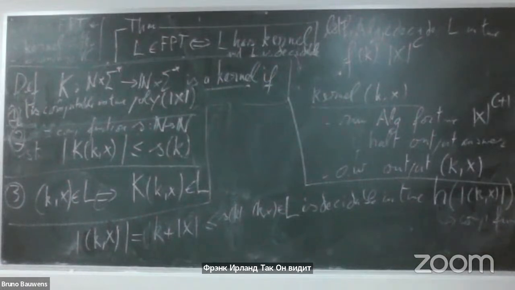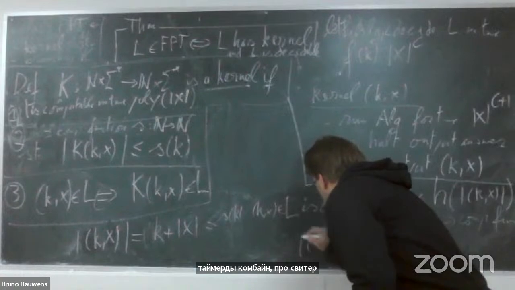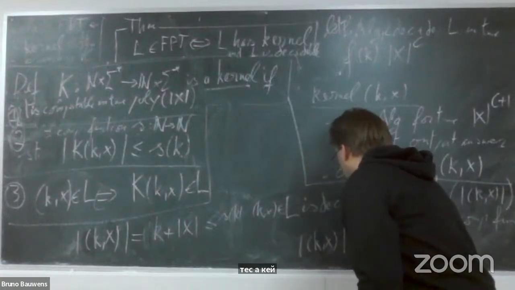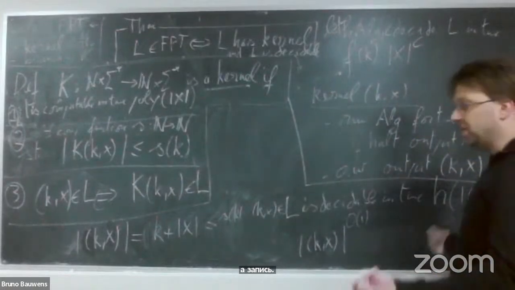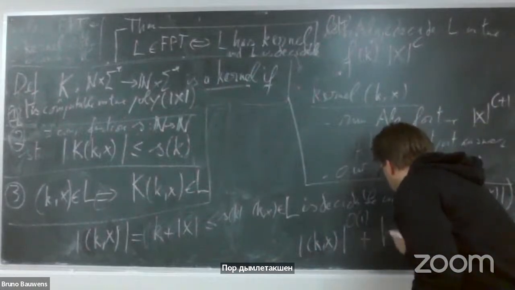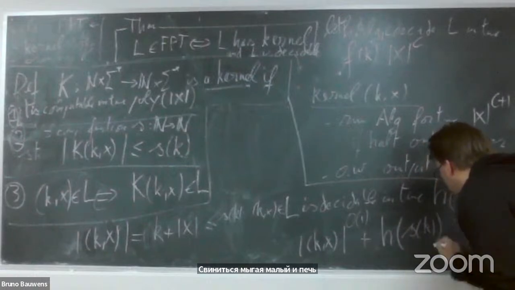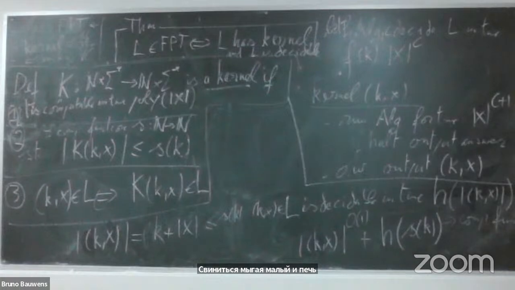Okay, so what is the runtime of the combined procedure? It is |(k, x)| to the power of 1 for the reduction. First, we need to make it small. And then H of S of k. And here I use that H is monotone because in condition 2 we have an inequality.